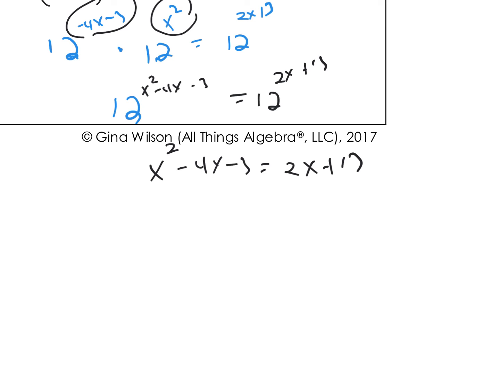I'd probably subtract 2x and subtract the 13. x squared, what's negative 4x subtract 2x? Minus 6x. What's negative 3 subtract 13? Negative 16. Equal to 0.